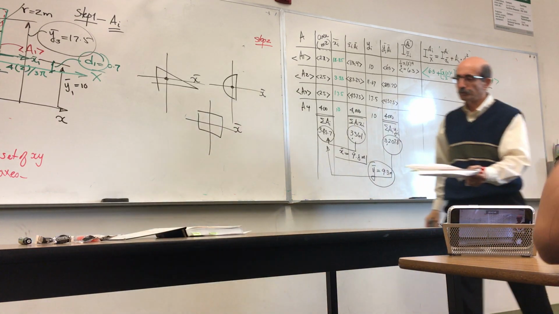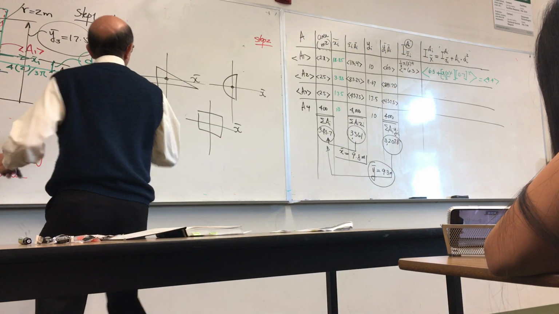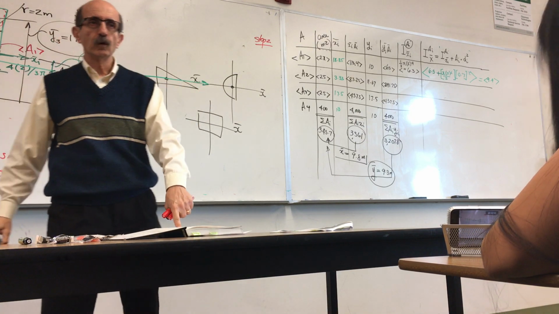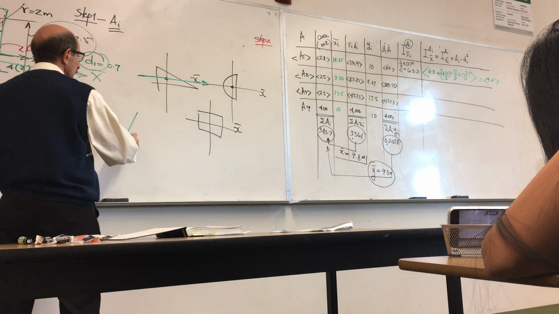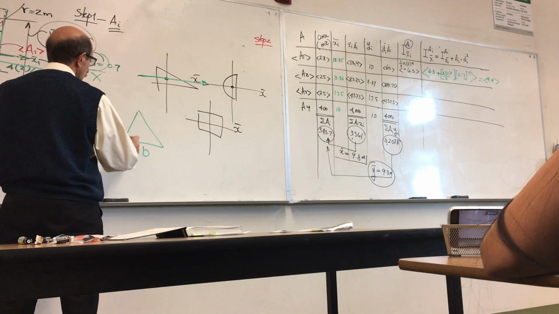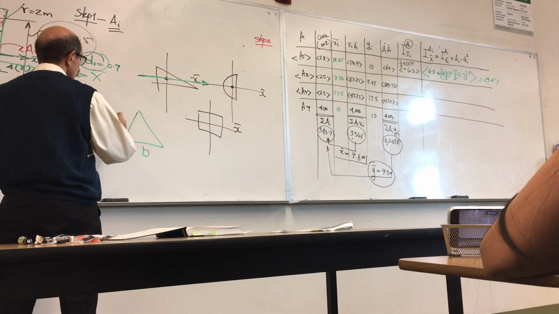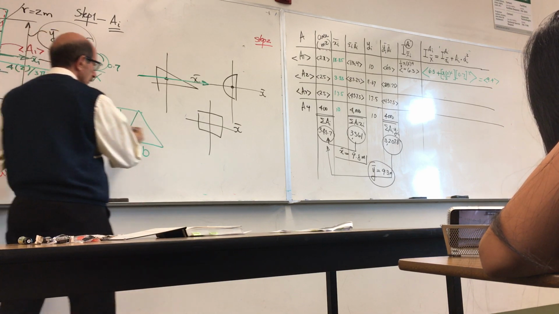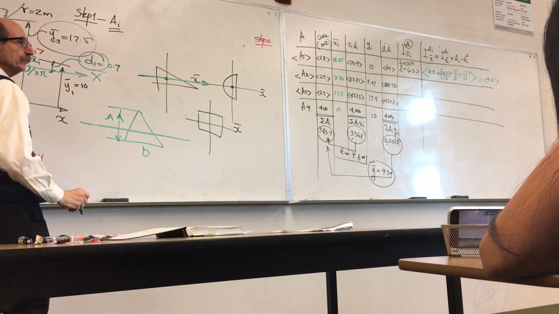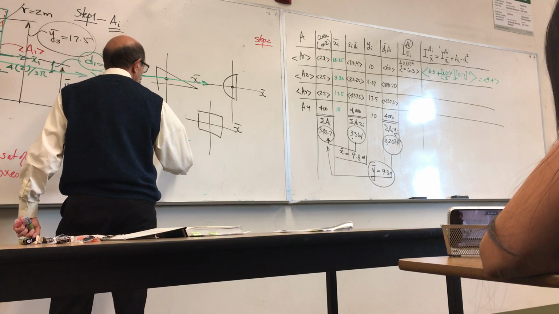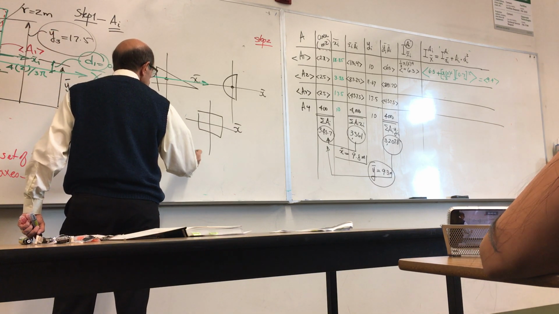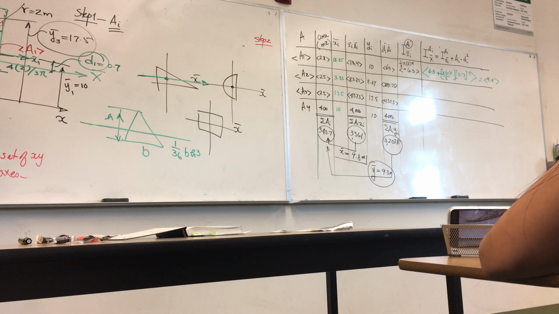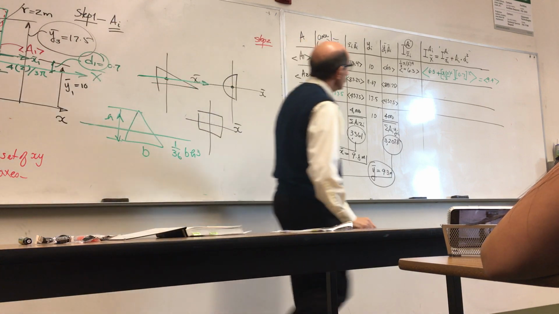Same thing with 2. I will find a moment of inertia of this shape about this axis. You go to that table, you will see that for a triangle of base B and height h, moment of inertia about this centroidal axis is 1/36 B H cubed. Is that a pi? Yes, this is a pi.